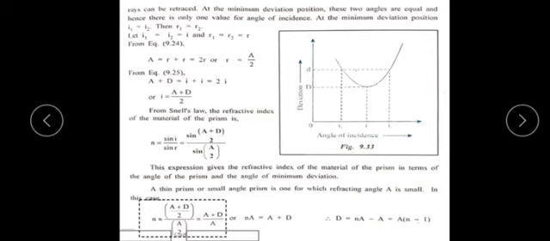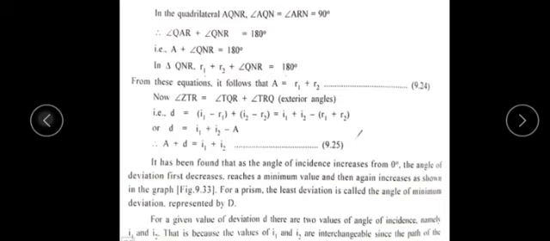At this value, I1 and I2 are the same, hence I1 equals I2 equals I. But elsewhere, for the I1 value and the I2 value, D is the same. At this particular point, I1, I2, I all are equal. As per the diagram, as the angle of incidence increases from 0 degrees, the angle of deviation first decreases, then reaches its minimum value.